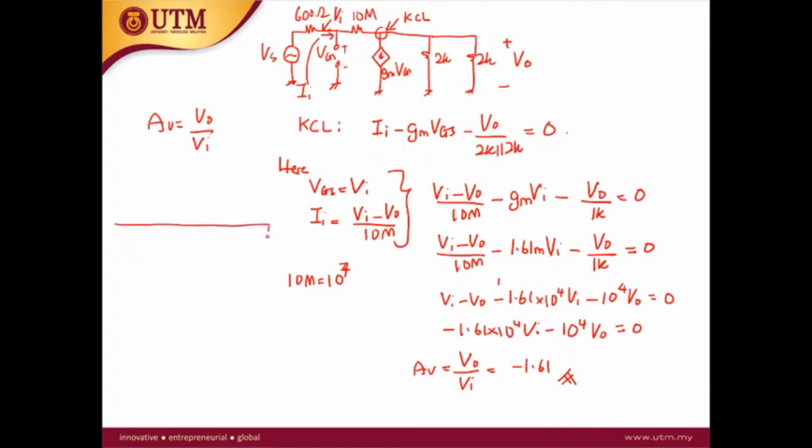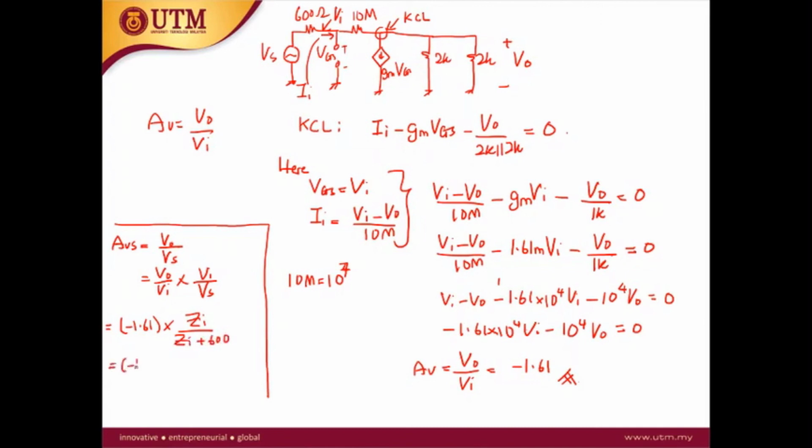If you know the AV, you can calculate the AVS. So AVS is V out over VS. So this is equal to V out over VI times VI over VS. So V out over VI is minus 1.61, and VI over VS is Z in over Z in plus 600.